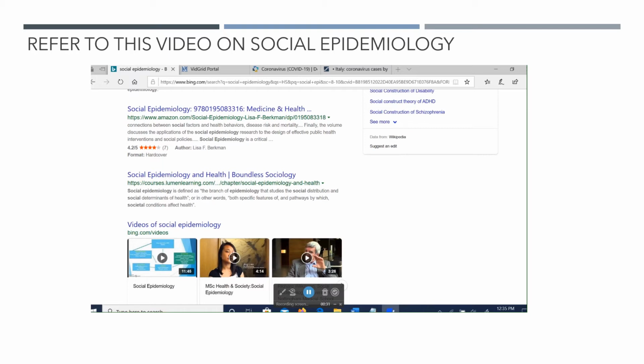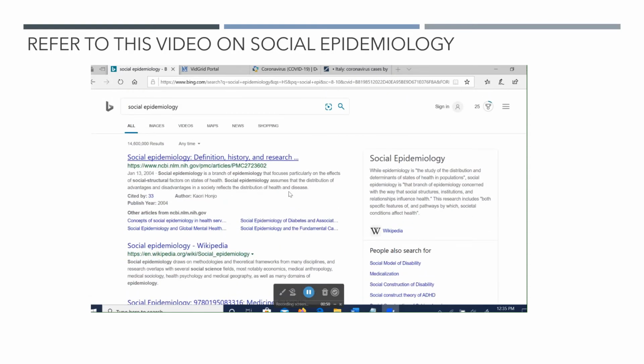It is a branch of epidemiology that studies the social distribution and social determinants of health. So, the social distribution and the social determinants of health means almost the same thing as the social structural factors of health. So, this is what we mean by the social distribution or the social structural factors of health.